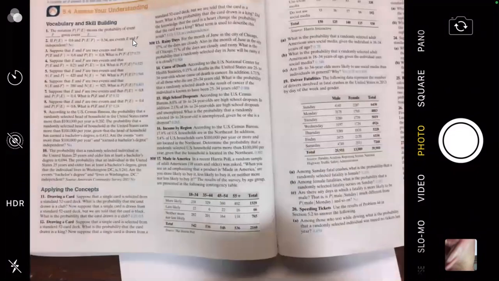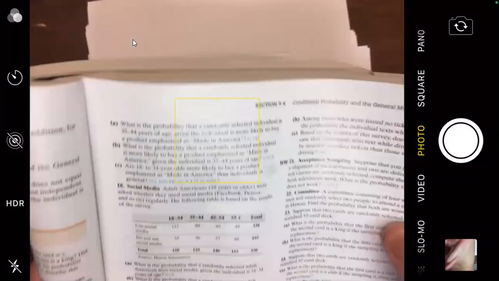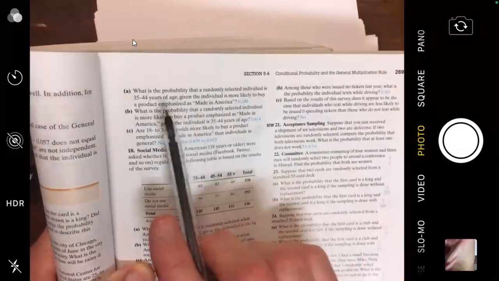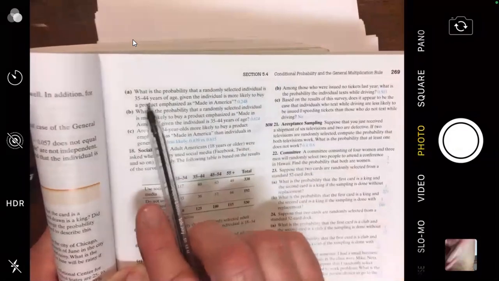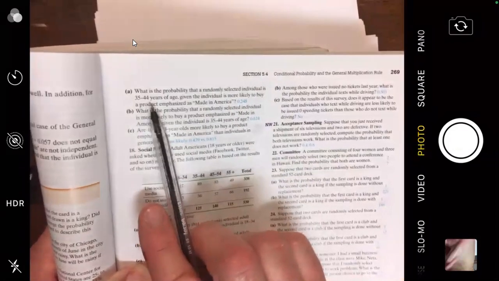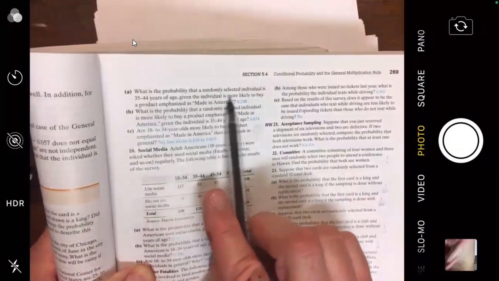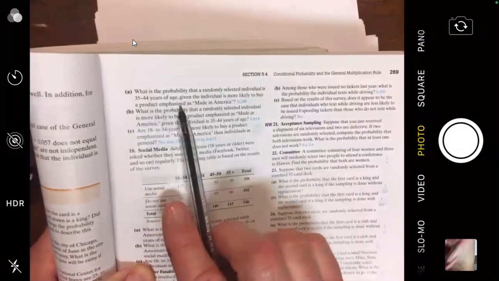All right, let's see if we can try what they're going to ask you about without me wasting your Zoom time copying that problem down. They do use the word given here. What is the probability a randomly selected individual is 35 to 44, given that they're more likely to buy a product made in America?